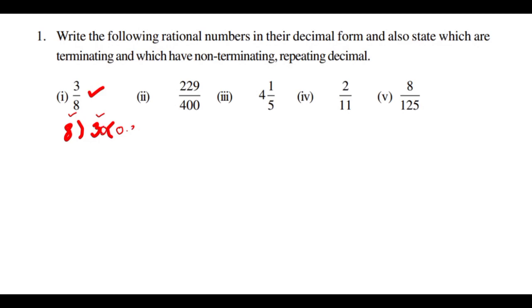Now it becomes 30, and 8 3s are 24. Remainder we get 6 here, point is there, so we take a 0. 8 7s are 56, so take 4, and because of the point we take a 0 here. 8 5s are 40, so remainder 0, so 0.375 we got here.